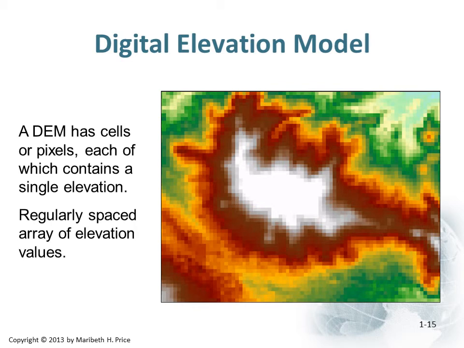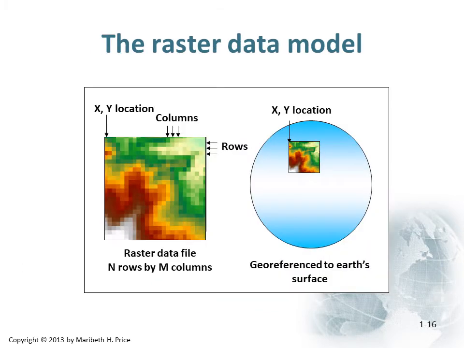A digital elevation model has cells or pixels, each of which contains a single elevation. They are a regularly spaced array of elevation values. In other words, if this is a 30-meter grid, every 30 meters across you hit a new cell. Every 30 meters up and down you hit a new cell. For every cell you have an elevation value. When you put it all together, it looks like this.